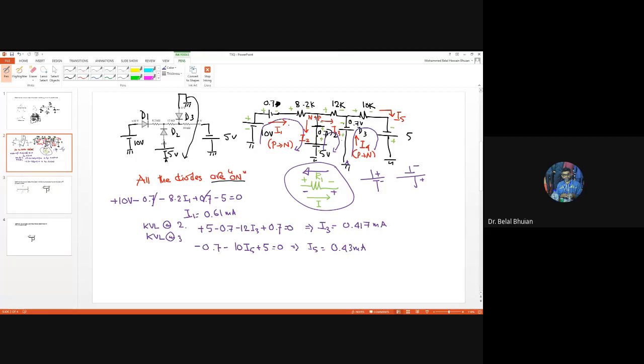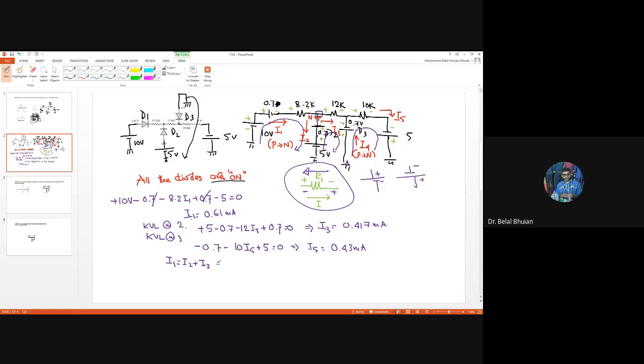I need to determine I2 and I4. So in order to determine I2, I apply KCL at that point. I1 is entering, I2 is leaving, I3 is leaving. So I1 equals I2 plus I3. I know I1 and I know I3.